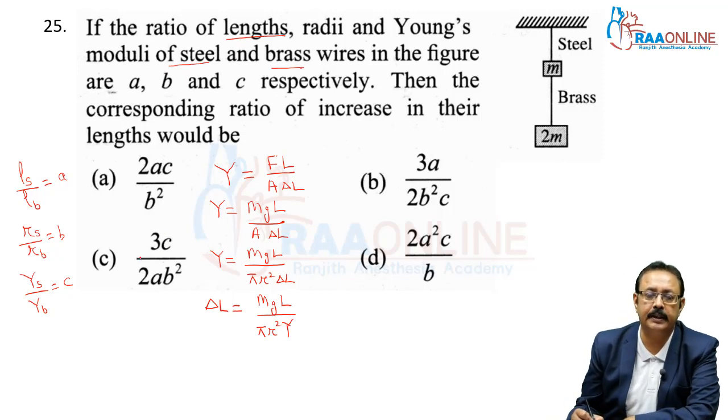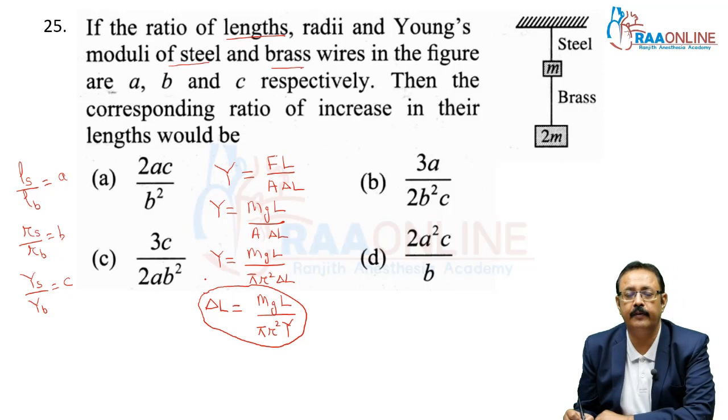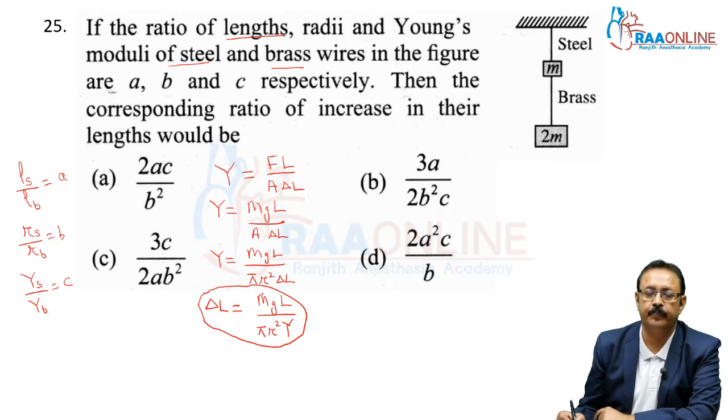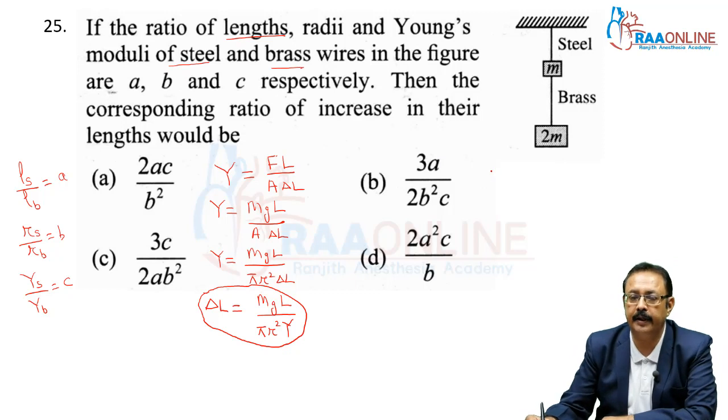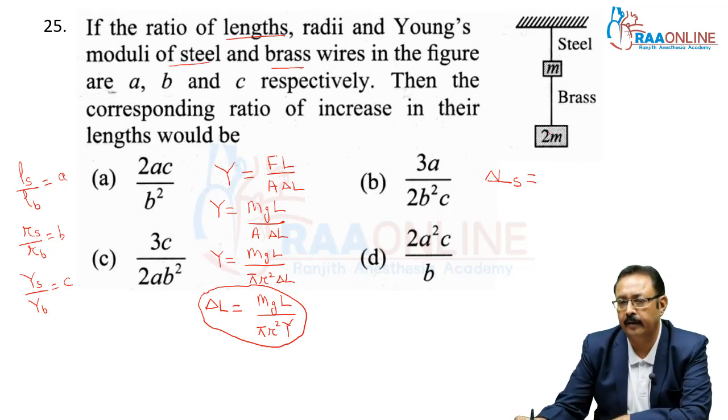By using this formula, first I will calculate the change in length for steel, then for brass, then I will find the ratio. First, steel.